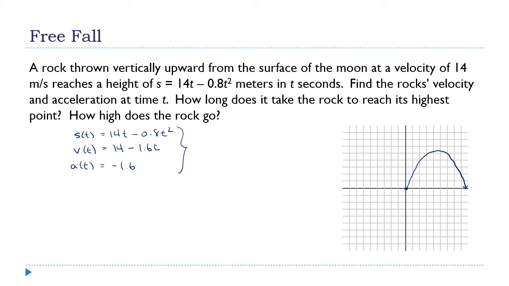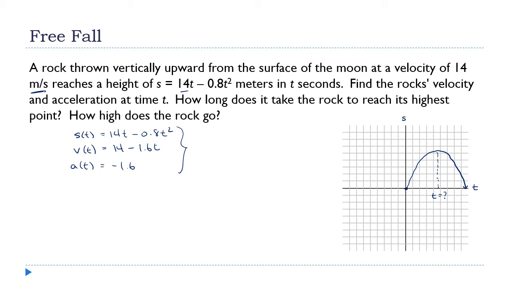This is time on the x-axis and distance here on the y-axis, and I want to know how long it takes to get to that point. What is this time value? Well, I'm going to apply a little physics here. When you've thrown the object up in the air, it has an initial velocity of 14, and we're doing this in meters per second.